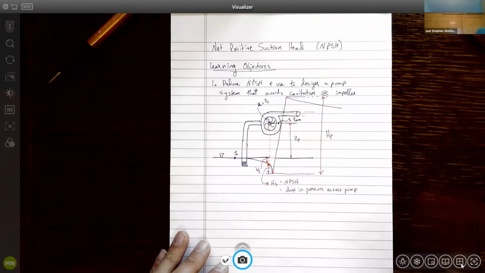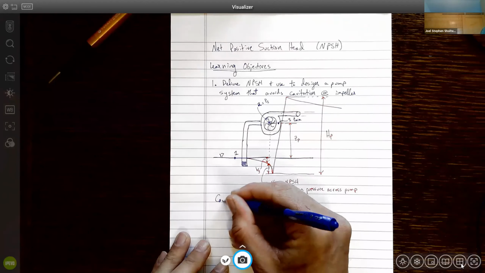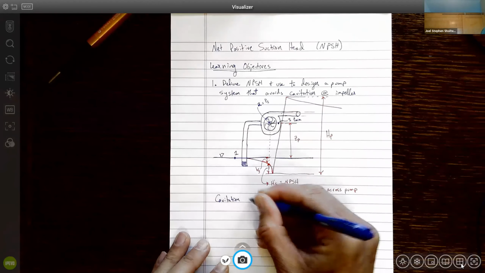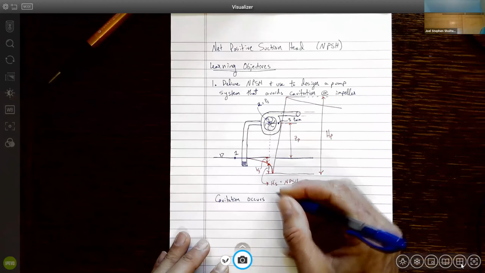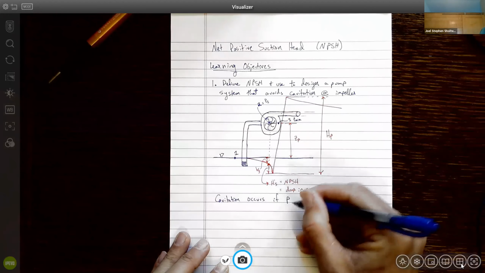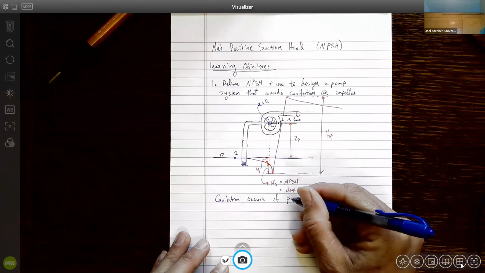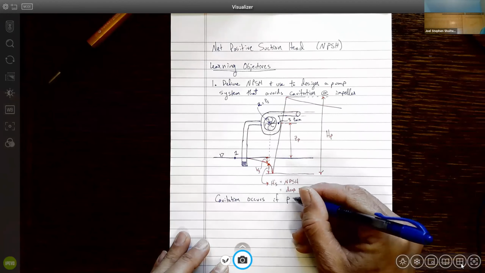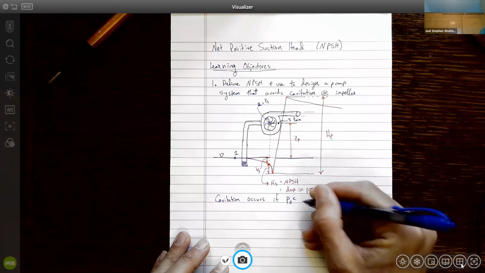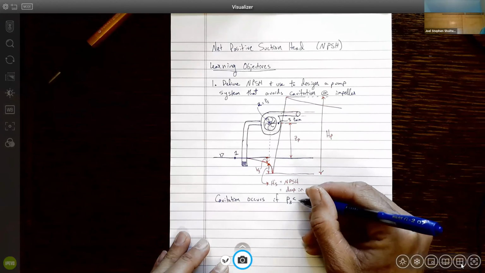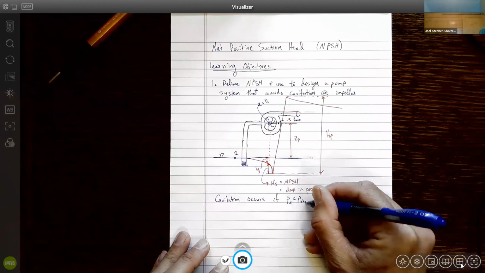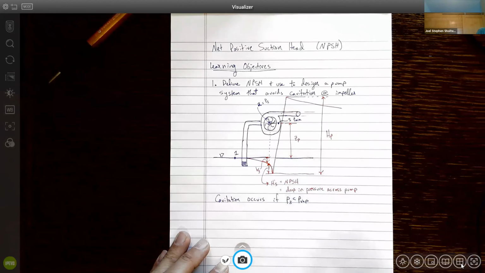And so we'll note that cavitation occurs if P at point 3 is less than P vapor. So we want to avoid dipping below vapor pressure between 2 and 3.